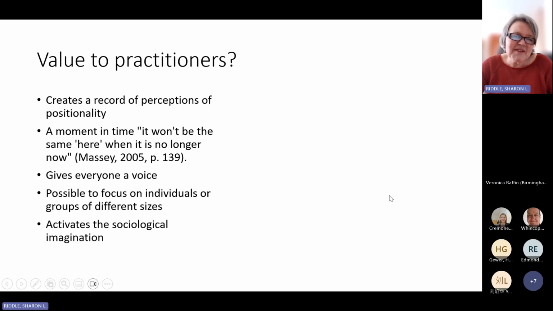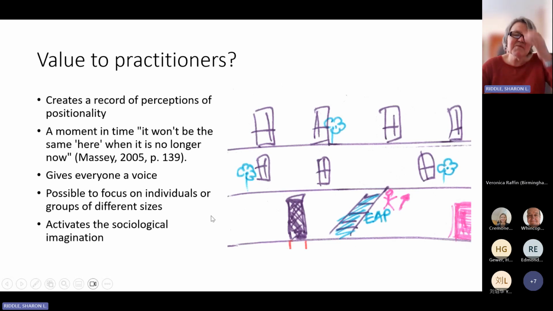And it activates a sociological imagination, if anybody's familiar with the book by, I can't remember his name now. It creates something which is very creative, and it helps you think about things in a different way. For example, with this lovely image, we could say, okay, this is a university.